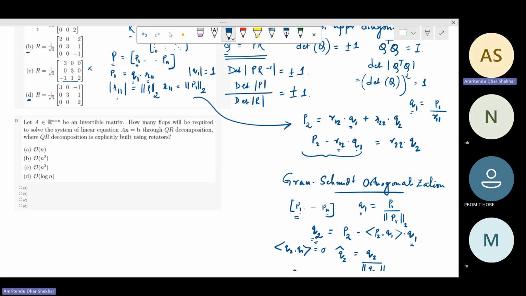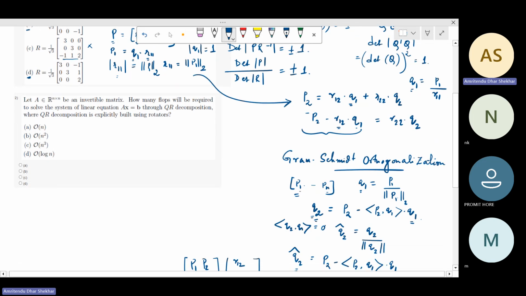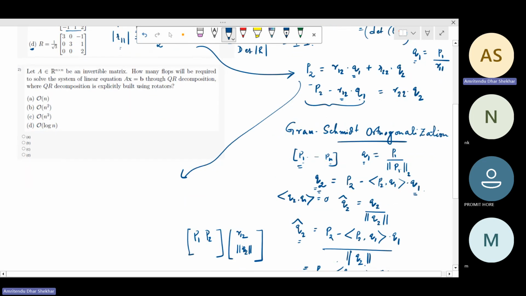Right. This is essentially the same thing as saying basically this. If you write the second equation, it's just the Gram-Schmidt orthogonalization. You can do the orthogonalization explicitly, or you can just keep on solving the equation. So just write, let's say, P2 is equal to R12 times Q1 plus R22 times Q2. Okay. Now, you want Q1 and Q2 to be orthogonal to each other, so this is 0, right?